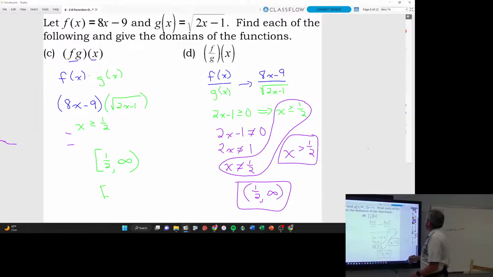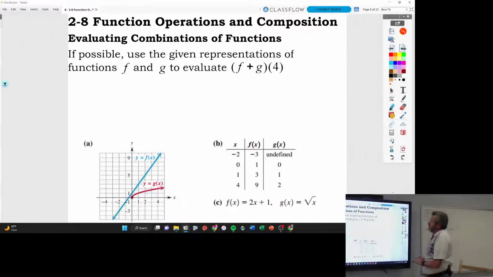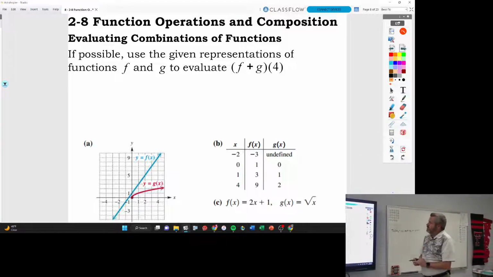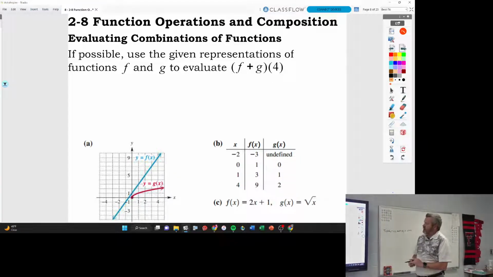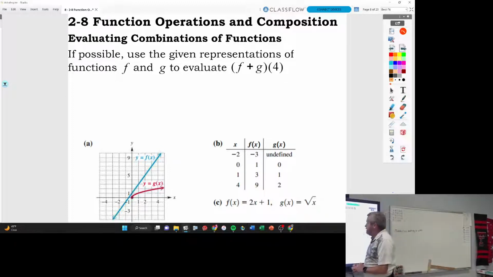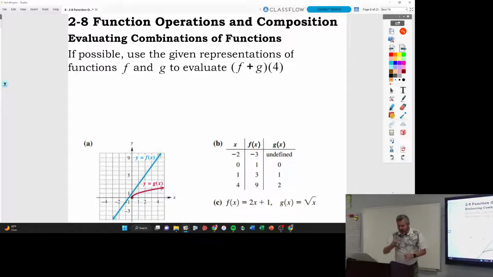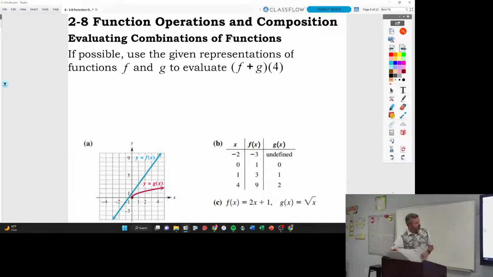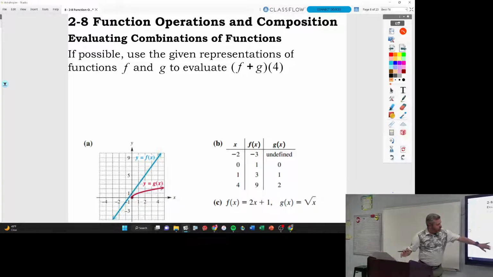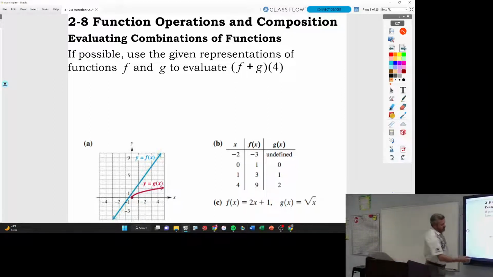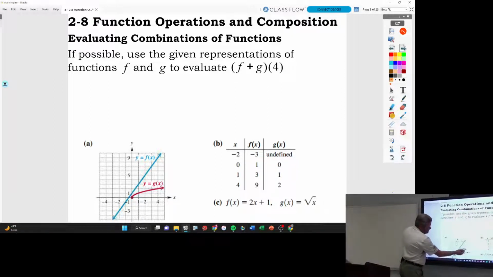Moving right along. If possible, use the given representations of functions f and g to evaluate f plus g of 4. Okay, so let's look at part A here. The f function is in blue, and the g function is in purple.